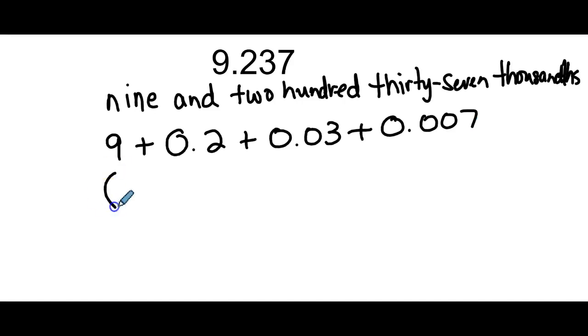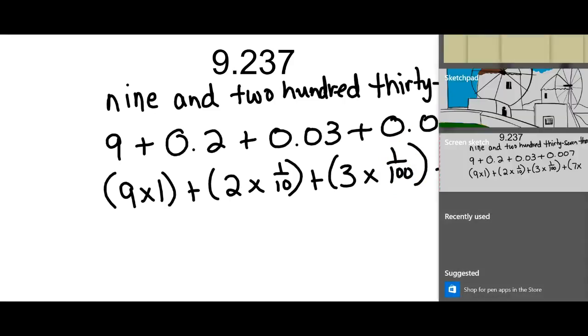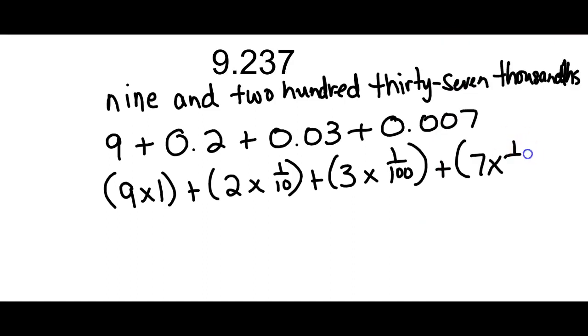We have 9 times 1 plus 2 times 1/10 plus 3 times 1/100 plus 7 times 1/1,000. And that is our expanded notation for this number.